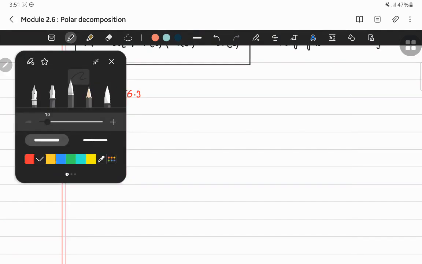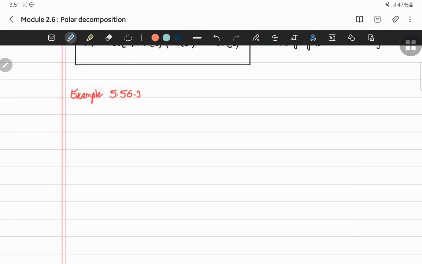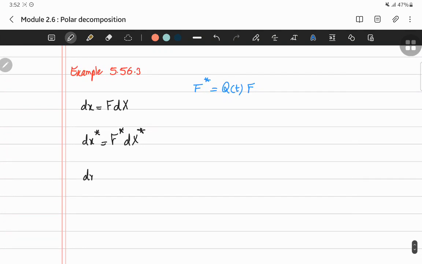It says that if you have F star is equal to QF, show that the deformation gradient in a different frame is the product of a tensor with this F in here. So you know that dx is basically F dX, and dx star is also F star dX star. Also, dx star is itself Q dx in here.